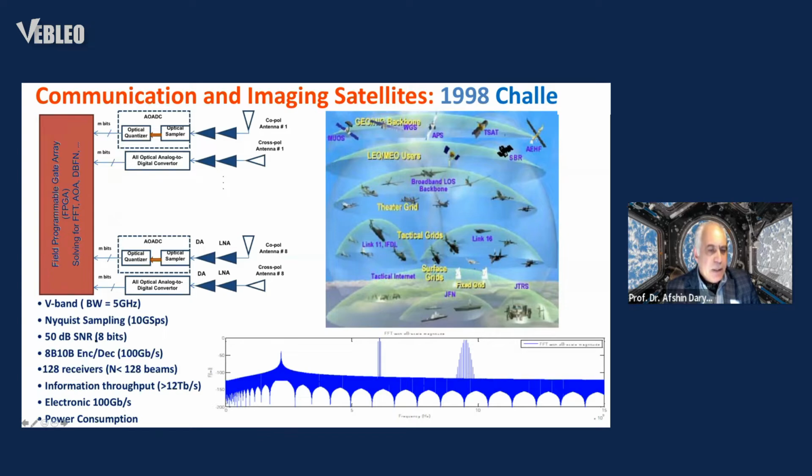And then we require a minimum of 8 bits, which imposes a very high signal to noise ratio of 50 dB. And the 80 gigabits per second of data is going to be encoded using the 8B/10B encoding scheme. So you end up with data of 100 gigabits per second per radiating element.